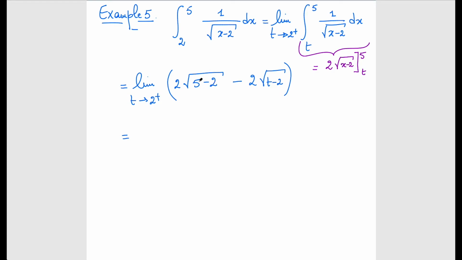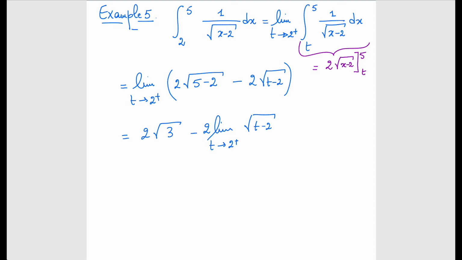This is 2 square root of 3, right? And this is a constant with respect to t, so 2 square root of 3 minus the limit as t goes to 2 from the right of 2 times square root of t minus 2.